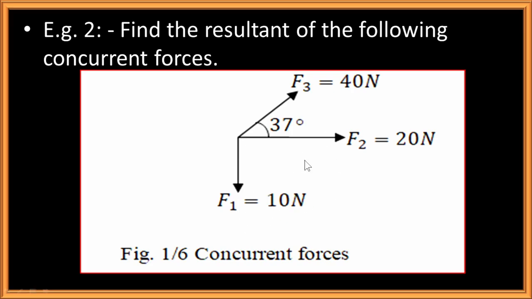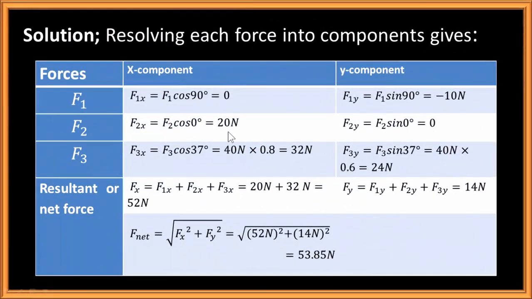F1y is negative 10 because it is in the downward direction, and F1x is 0 because it makes an angle of 90 degrees with the horizontal, and cosine of 90 degrees is 0. So F1 has no x component, but it has a y component, and by convention the downward direction is taken to be negative. That is why negative 10.